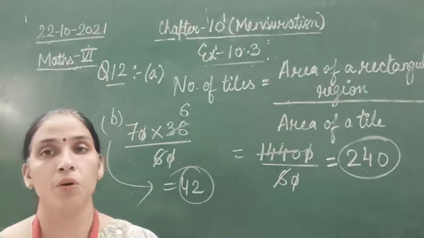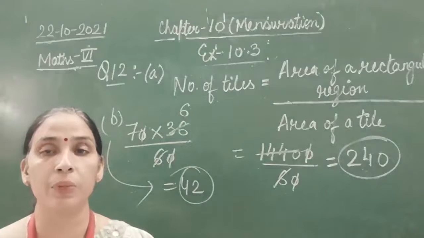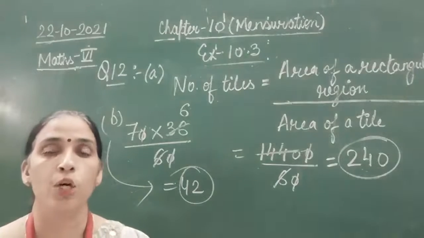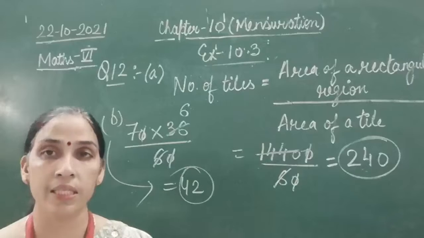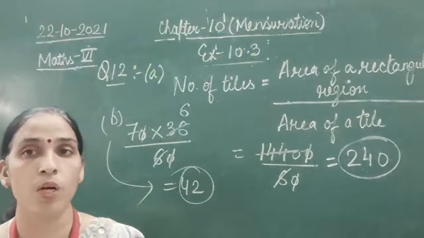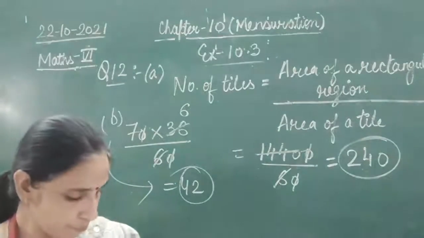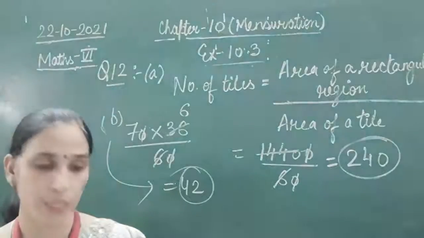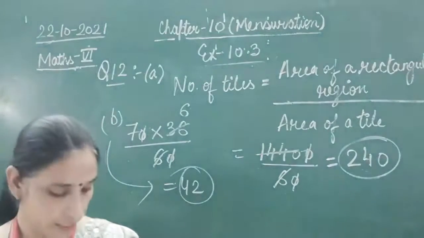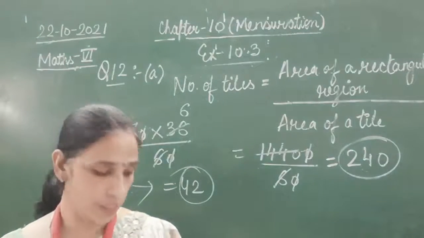Perimeter of a square, 4 into side. Perimeter of any regular shape will be side into the number of sides it has, like a hexagon. A hexagon has all 6 sides equal, so 6 into side will be the perimeter formula of a hexagon. Then the perimeter of an equilateral triangle is 3 into side. Figures in which all sides and angles are equal are called regular closed figures.